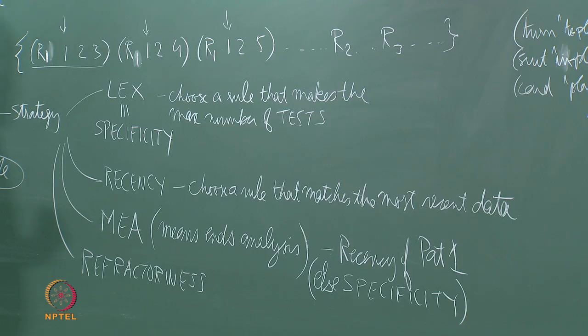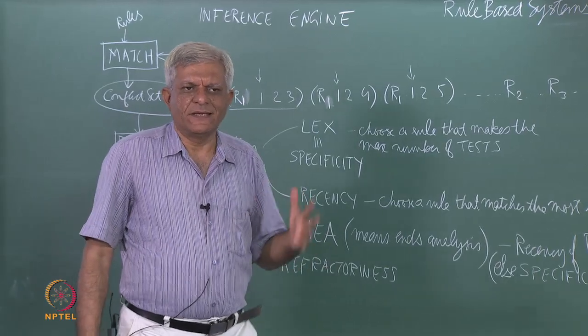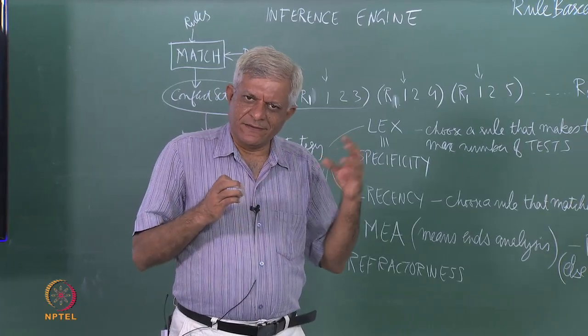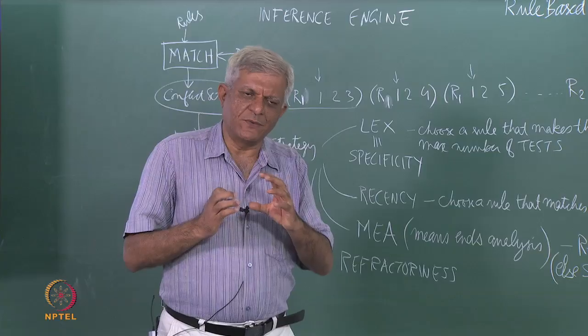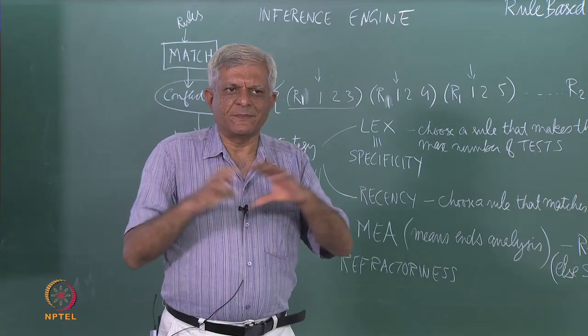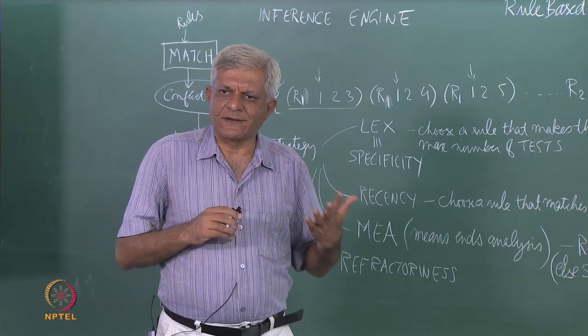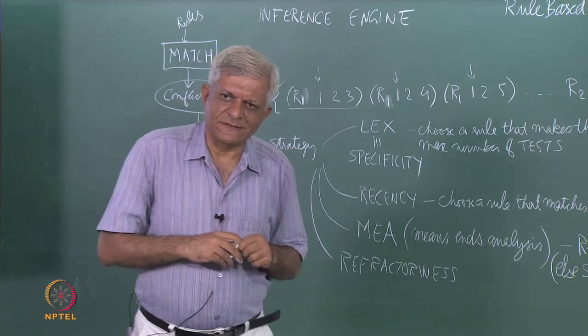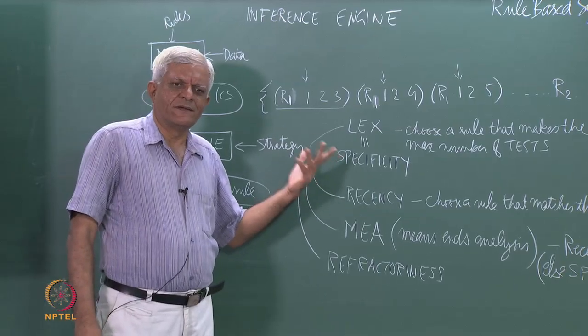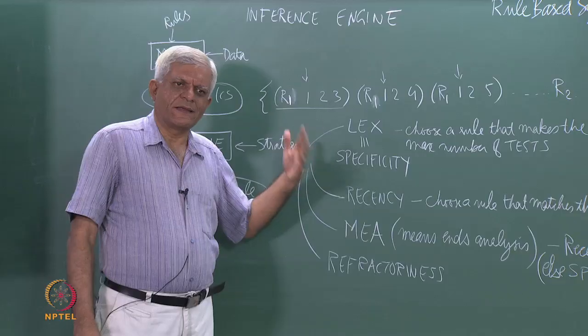So, this comes from some neurobiological studies which say that when neurons are firing, once a neuron gets a certain set of inputs, they can only fire once with that input, and then there is a period of refractoriness in which they are not active at all essentially. But from our point of view, we do not want the same rule to fire again and again and again essentially.